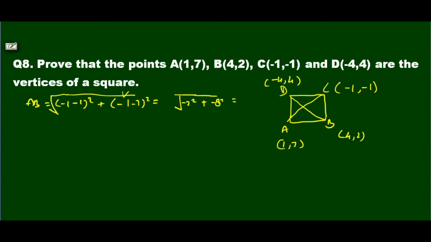So this will become 4 and this is 64, means this is under root 68 units, clear. Sorry, this is AC not AB, this is AC. Now find BC.